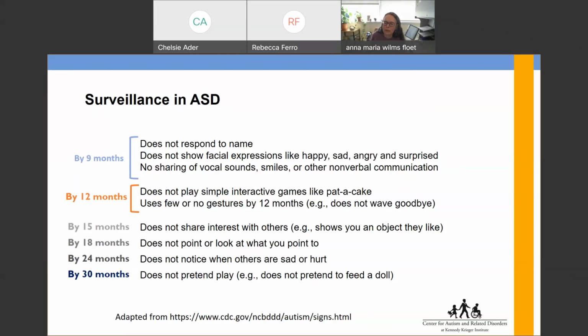By 24 months, they should pick up when others are expressing emotion and respond to it. And by 2.5, we actually have a fairly extensive and beautiful play repertoire that we should be able to see in typically developing children. Children with autism may pretend play as well, but oftentimes their pretend play is more limited and maybe more contrived when we see it happen.